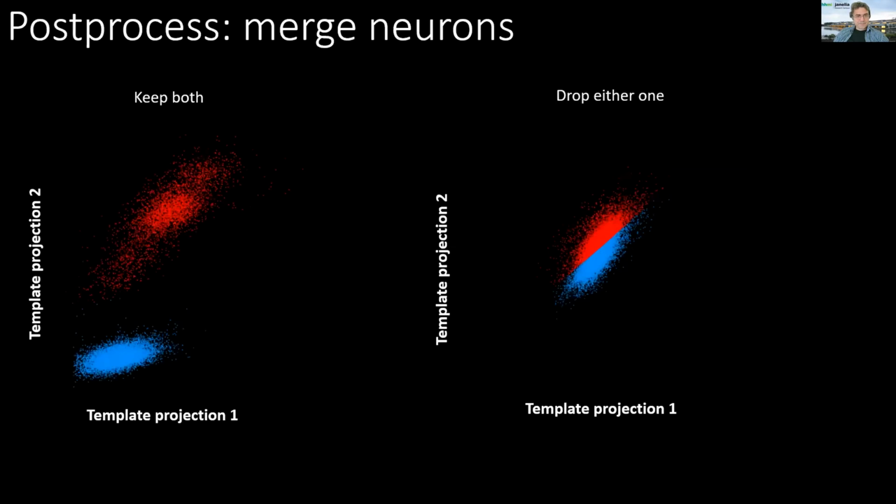There are some of these steps that I should describe because they're useful overall. These are the kinds of mistakes you might see, including in Phy. For example, here, something that looks like two neurons because they're two different colors, but you can see that really is just one cluster that's been cut in half along this line.